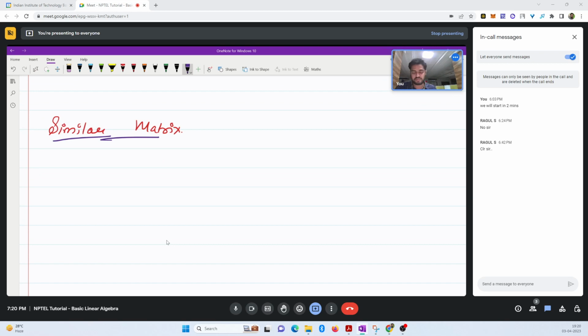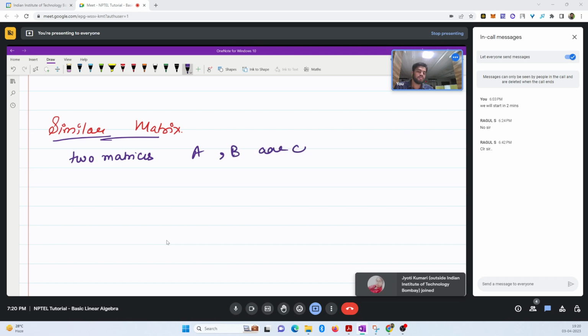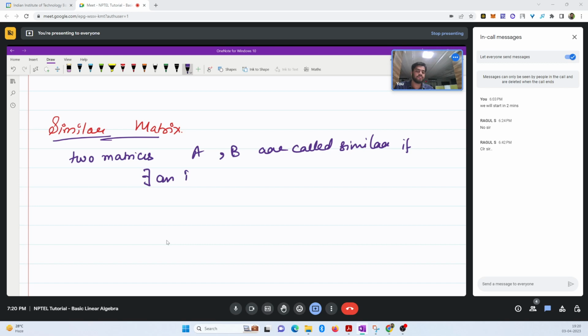So in linear algebra, two matrices, let's say A and B, are called similar if there exists an invertible matrix P satisfying A should be P into B into P inverse.